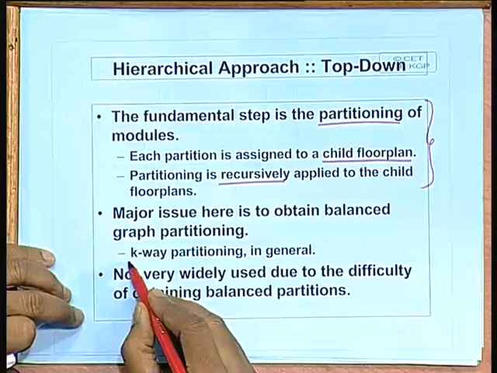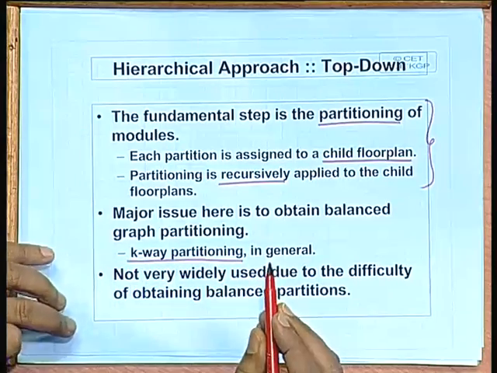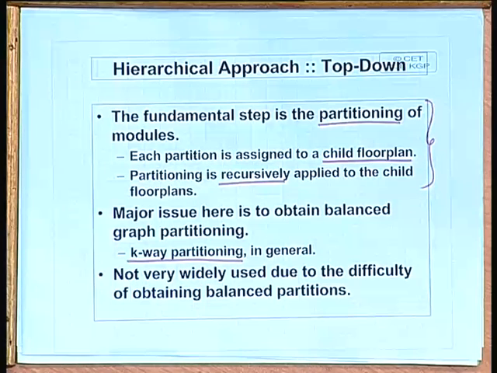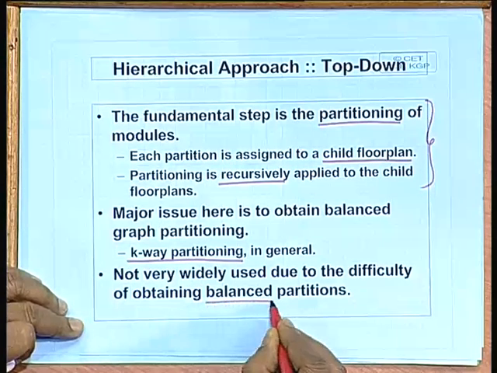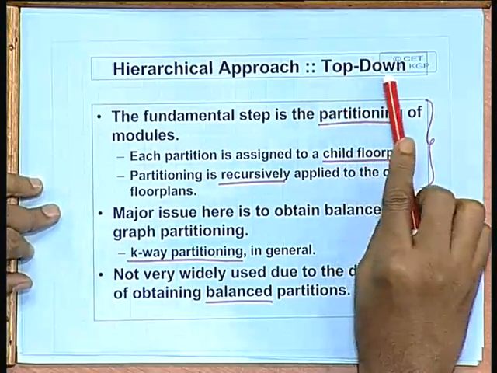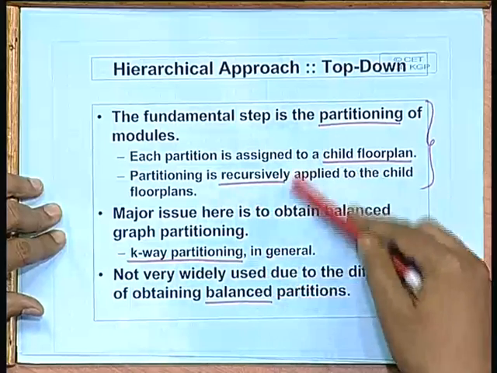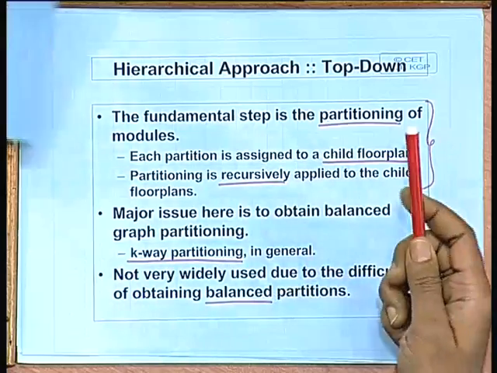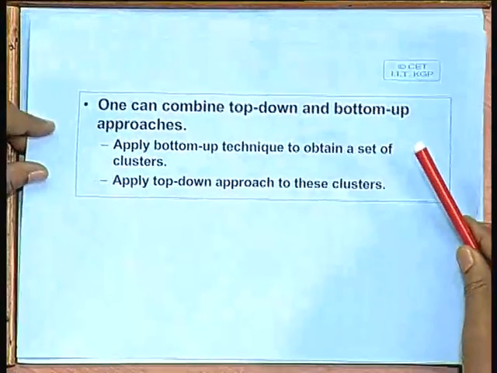But the problem is that k-way partitioning is a difficult subproblem in general. You do not have very good algorithms for doing balanced k-way partitioning. Balanced partitioning is not available. So, in practice we never do a top down approach to floor planning like this. Rather we can do some kind of a combination. What kind of a combination?